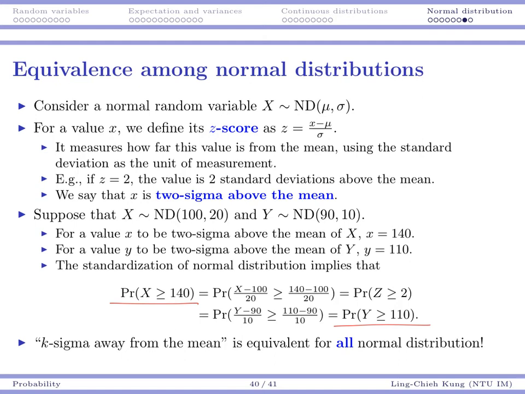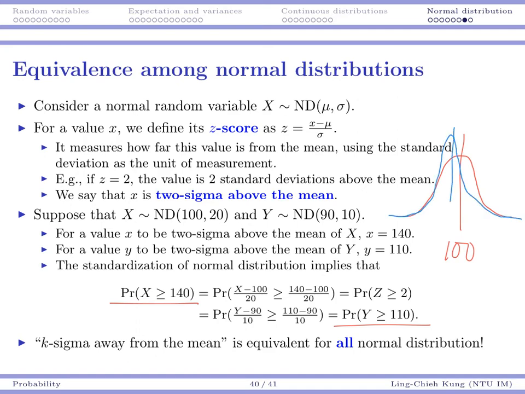Or if we try to visualize it, x, suppose it's something like this. Here is 100, and the standard deviation is 20. If I'm going to plot y, I know its mean is going to be smaller, and it's going to have a higher central tendency because the standard deviation is smaller. So I probably have a curve like this.